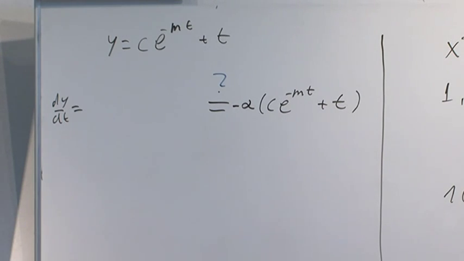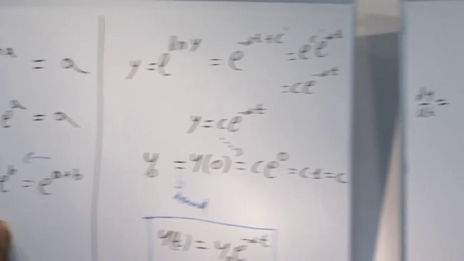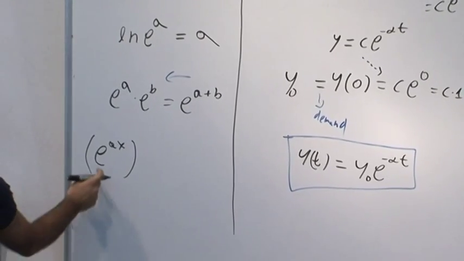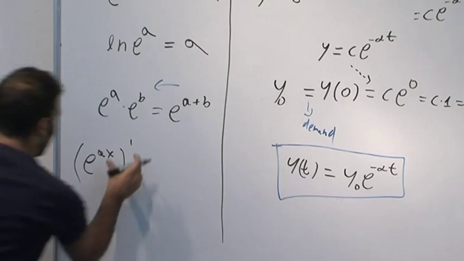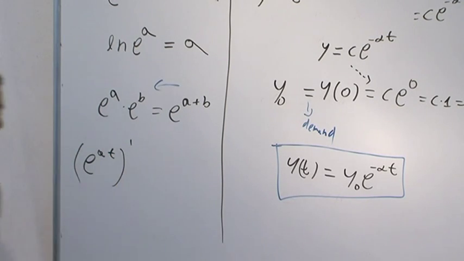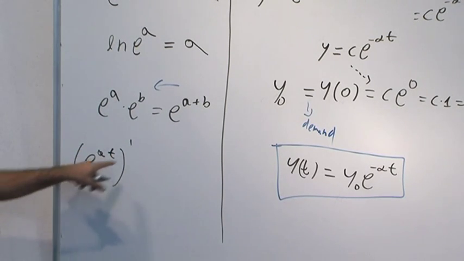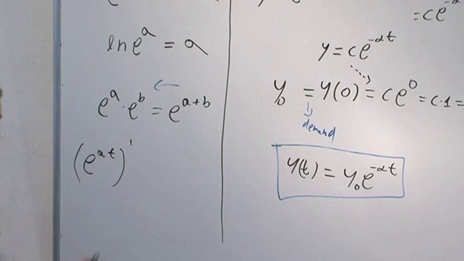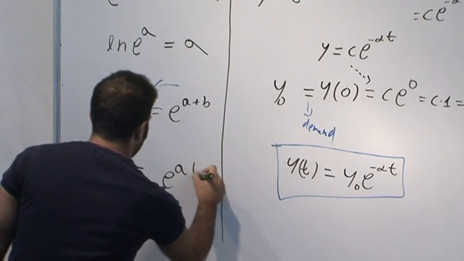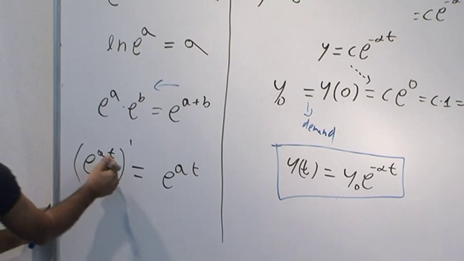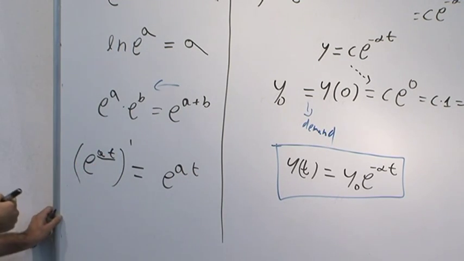Okay, let me refresh your memory. Take e to the power of ax, and take the derivative, maybe I will do it with t. If I want to take the derivative by t, the exponent stays the same, e to the at, but I multiply by the constant that sits next to the t.